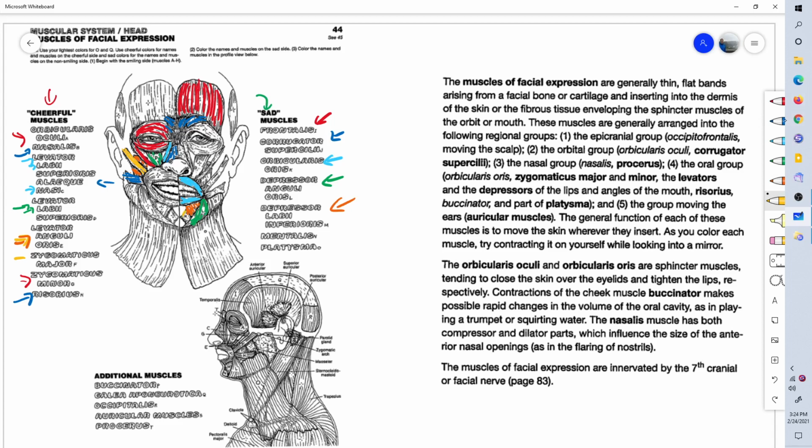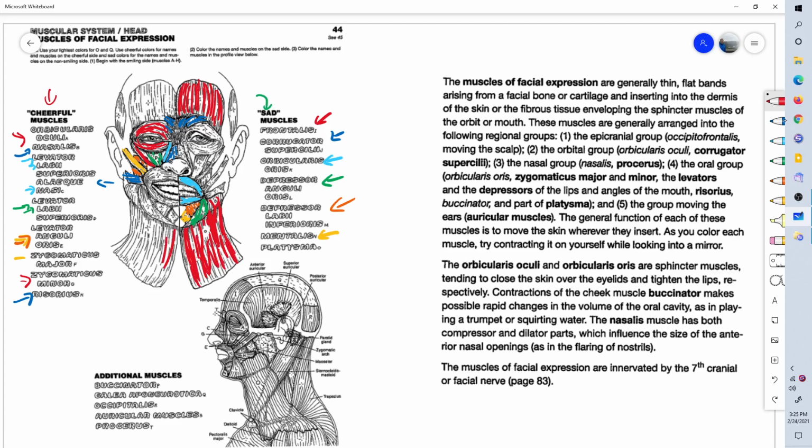The mentalis muscle also reaching up and inward and pulling down. Mentalis. And the platysma muscle is this long, flat, broad muscle. You can contract this by straining your neck and pulling your bottom lip down and out, and you can feel this on your neck.